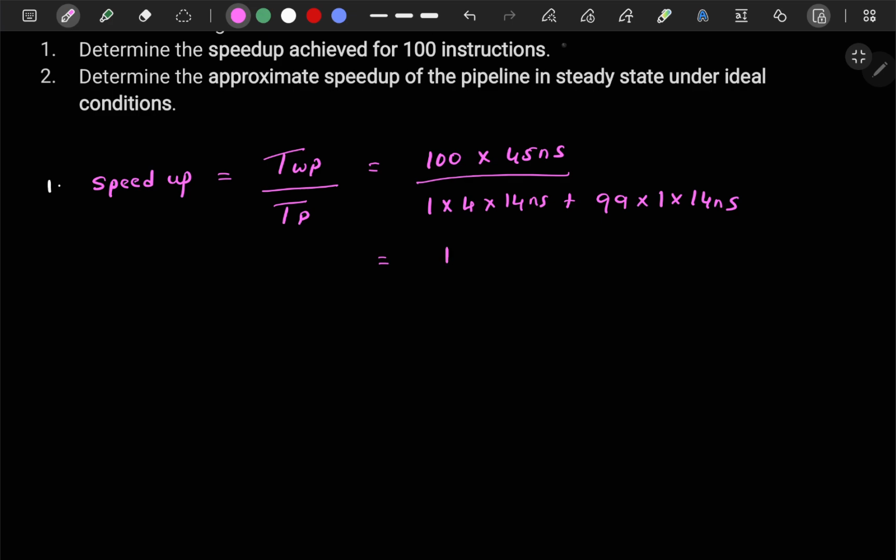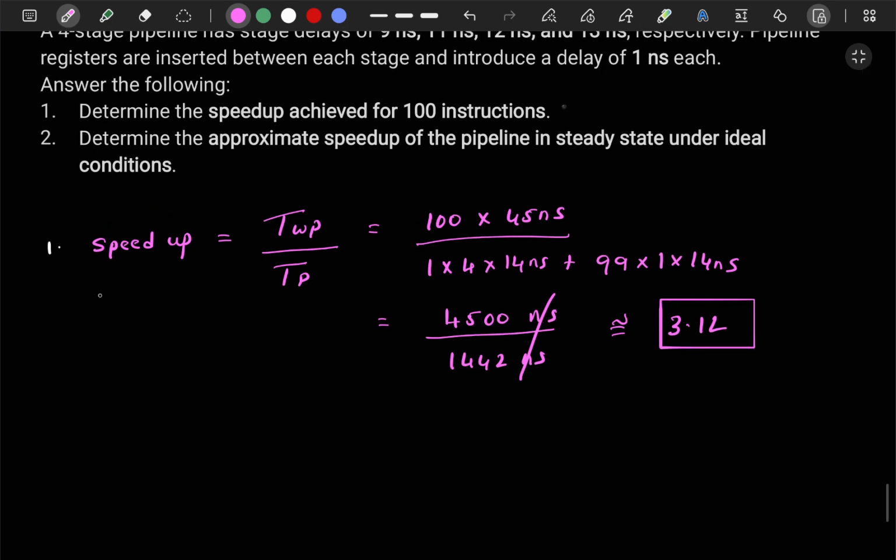It would be 4500 nanoseconds divided by around 1442 nanoseconds, which is equivalent to 3.12. You can calculate it with a calculator. This is the speed up for 100 instructions.